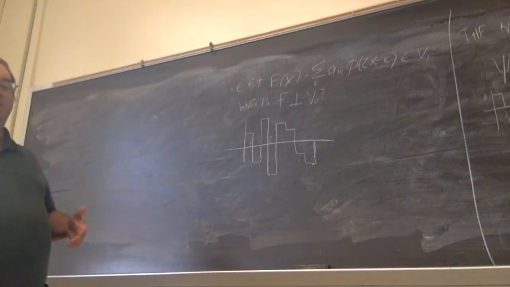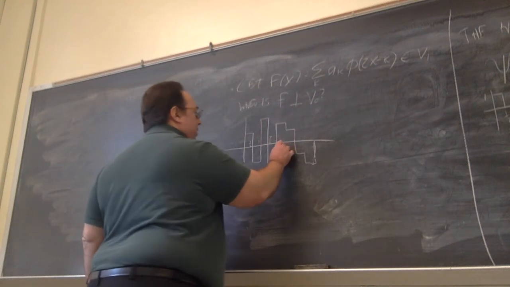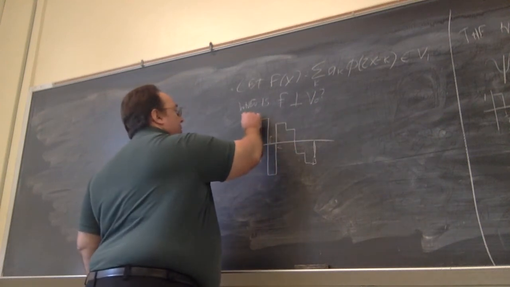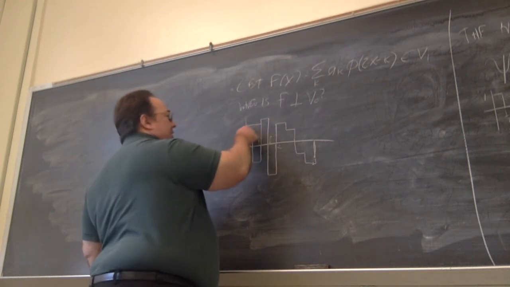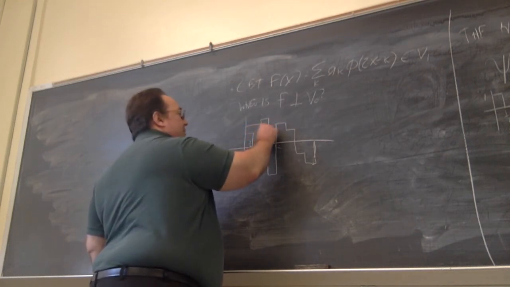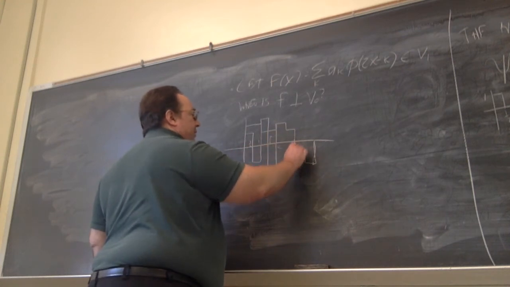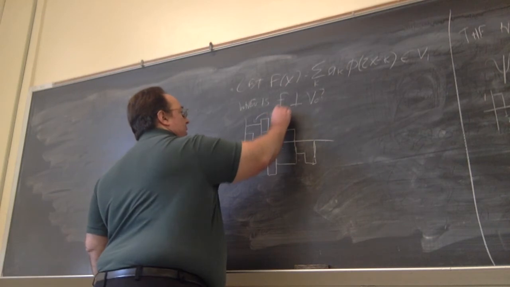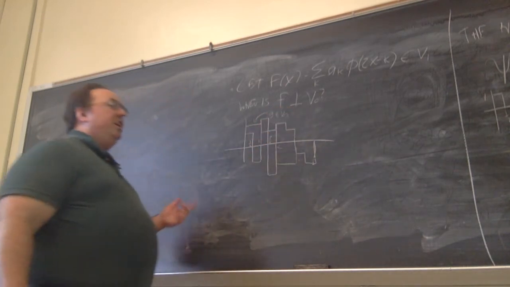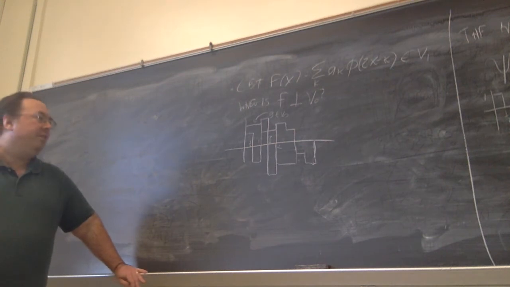However, a function in V0 can only have discontinuities at the whole integers. So something like this, constant along this whole interval, and then it can jump to something else. So a function from V0 is not allowed to change value at the half integers. It must remain constant across them.